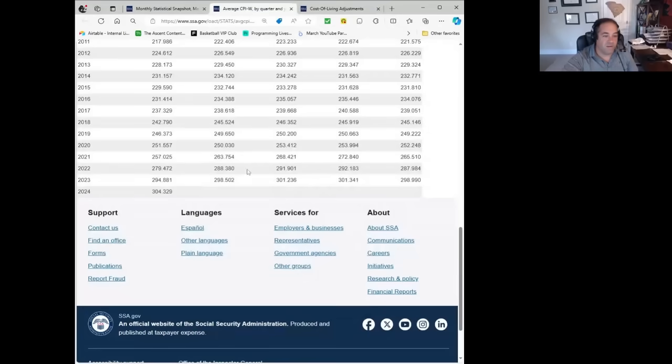That's not necessarily the case if you compare the second quarter, the first quarter, etc., but this is how your Social Security cost of living adjustment is calculated.